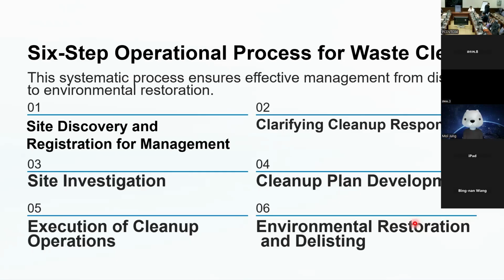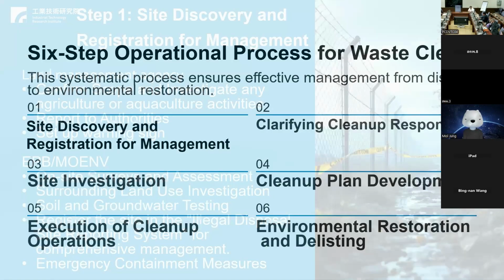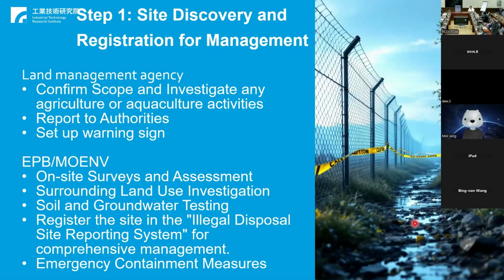If you are a land management agency and you follow these 6 steps and do what you have to do, your liability will be lower. If you don't, the courthouse might place some liability on you. And to systematically manage these sites, especially those on government-owned lands, we follow these 6 steps.